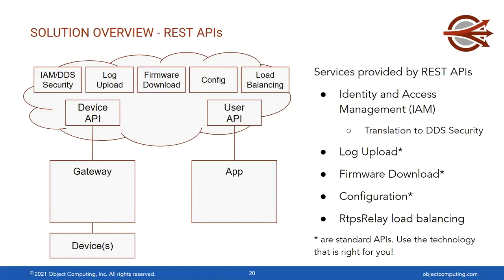So find the technology that's right for your project and your team, and run with it. I'm not necessarily going to dwell on the REST aspect, because it is more or less a solved problem, and it's more of the device or application's relationship with the cloud as opposed to the application and devices' relationship with each other. So let's move on.